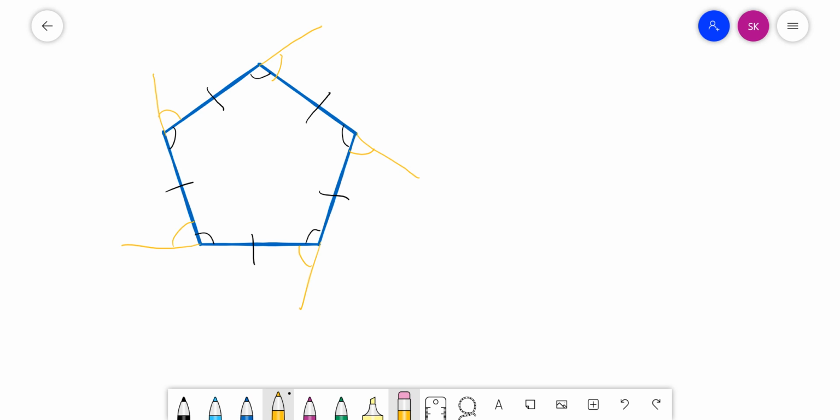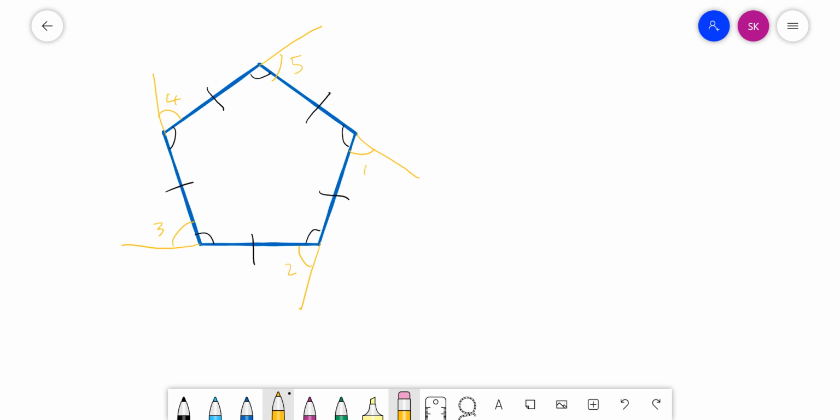Now, because we know exterior angles add up to 360, and we're dealing with a regular five-sided shape, then we're dealing with 1, 2, 3, 4, 5 exterior angles.